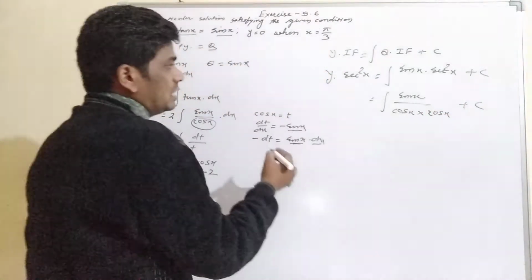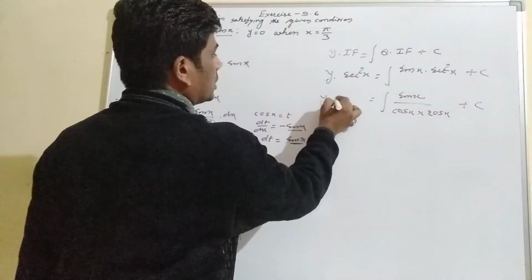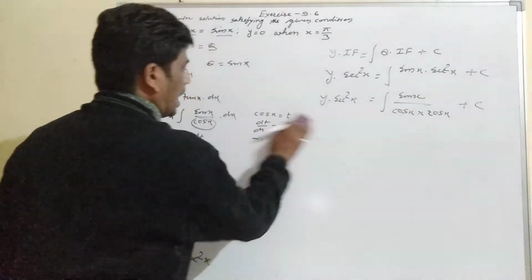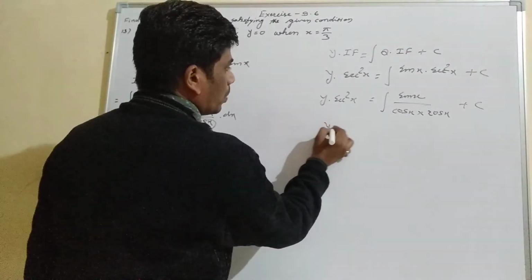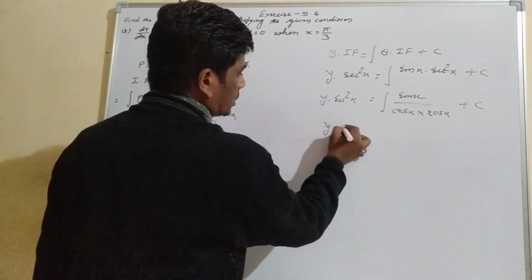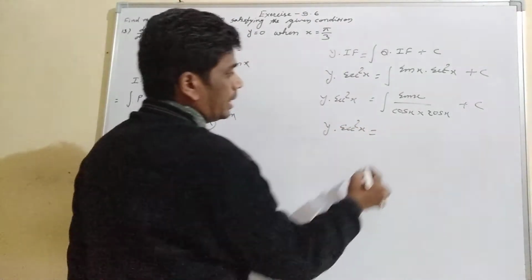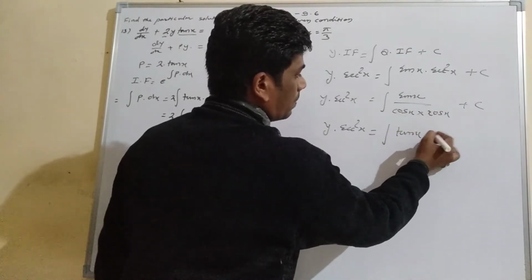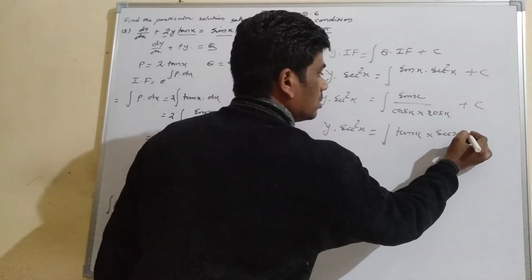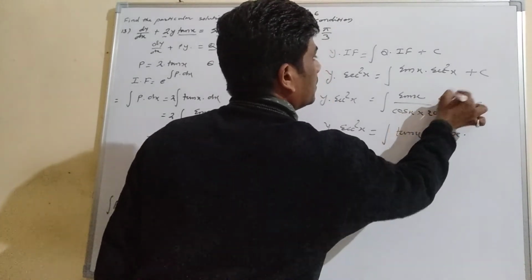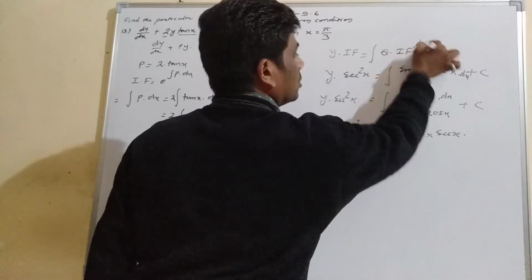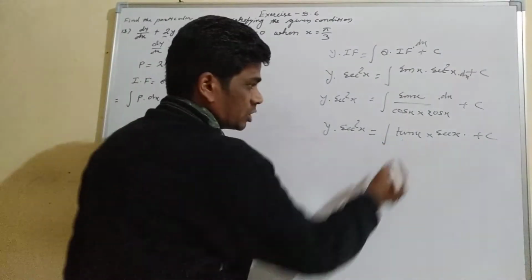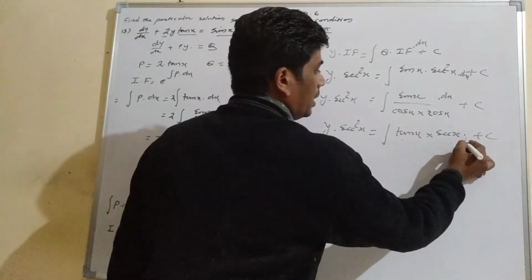Now y into sec square x equals, we will write sin x upon cos x will be tan x and 1 upon cos x will be sec x, into dx, plus c. So tan x into sec x, the integration of tan x sec x will be sec x.